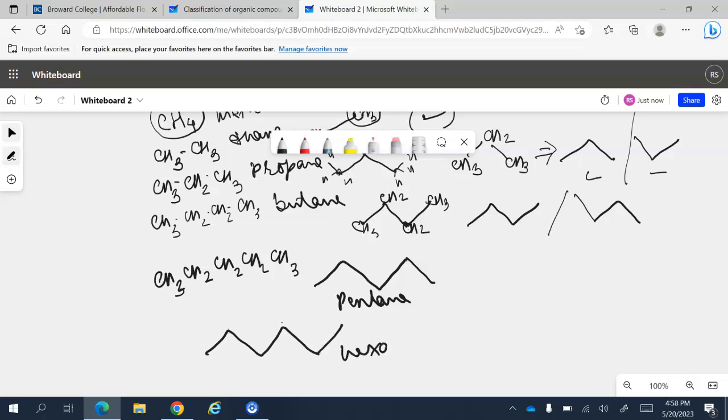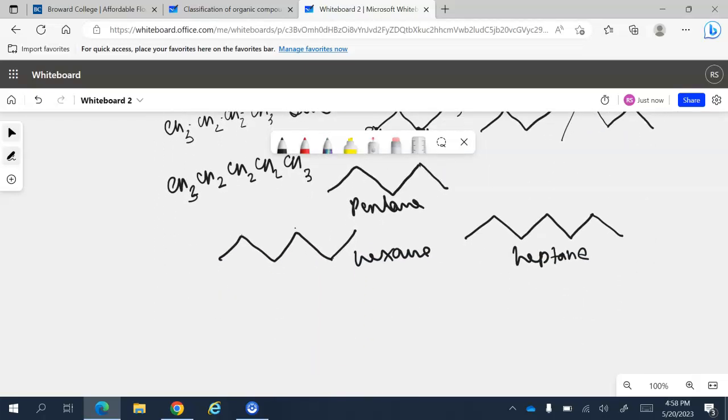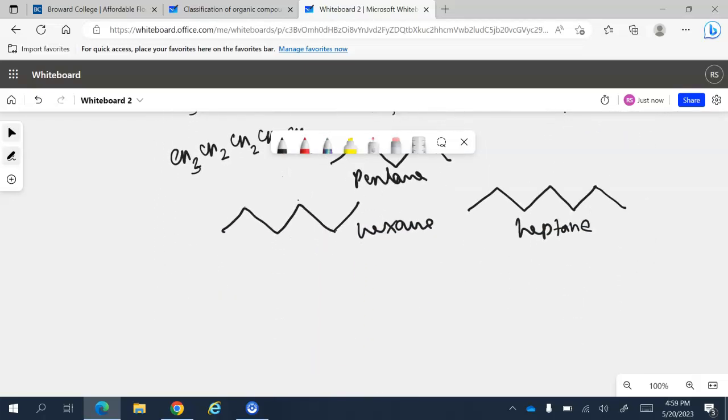So this is the hexane line angle formula. With 7 carbons, this is heptane, and so on and so forth. That is how we can draw the line angle formula for the straight chain alkanes.